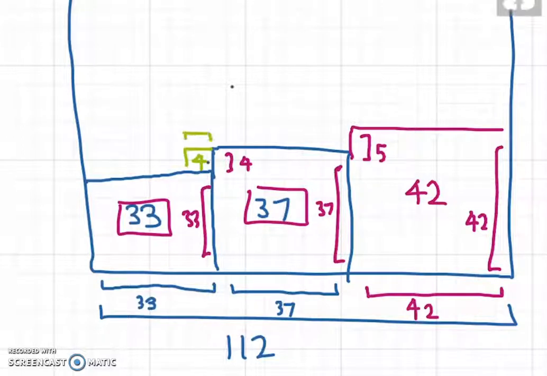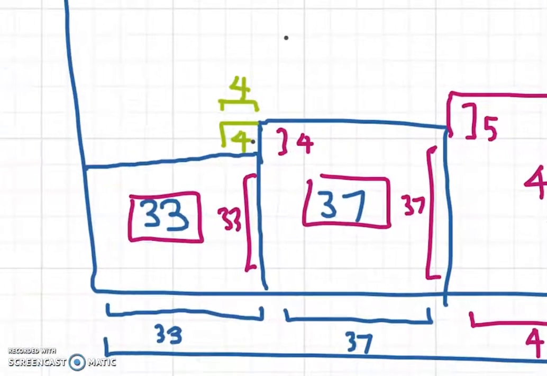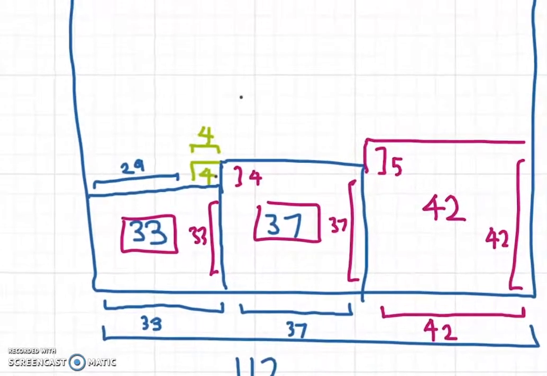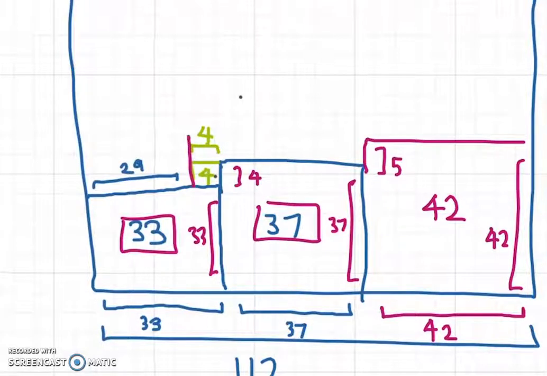Okay, before that, we have 4 over here, and this means we have 29 over here. We have a distance of 29, which means I can make a square of side length 29.